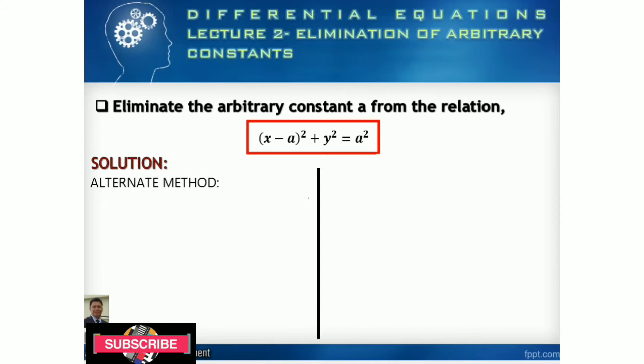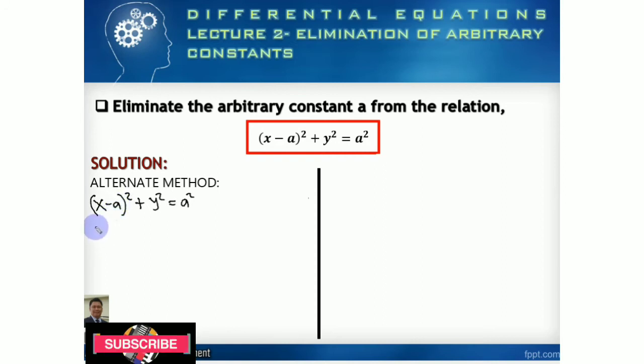From the original equation of relation, x minus a raised now to the squared plus your y squared is equal now to a squared. From here we just have to go with this quadratic.